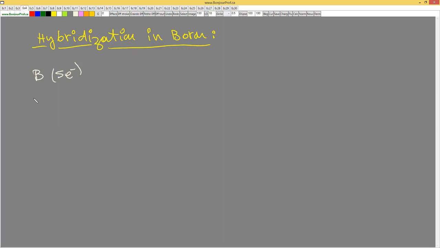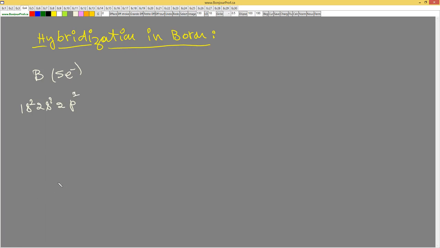So what is its electronic configuration? It is 1s2, 2s2, 2p1. This is the boron.